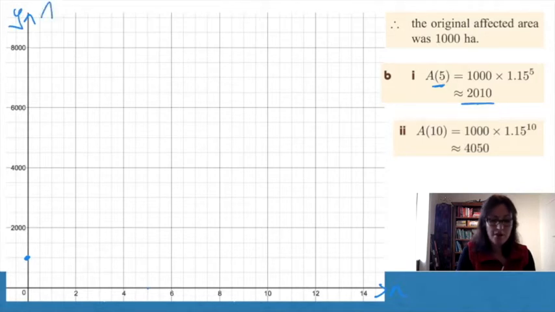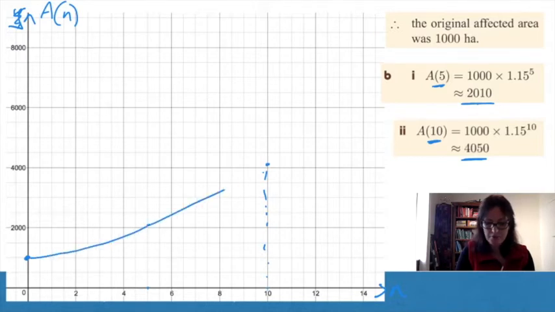Well, it's not y there really, it's a of n. And so after 5 weeks, we're up to 2,010 hectares. And then after 10 weeks, 4,050. So here's our 10, and you go up to 4,050. So put a dot there, and you would connect your dots with an arrow and label the function.